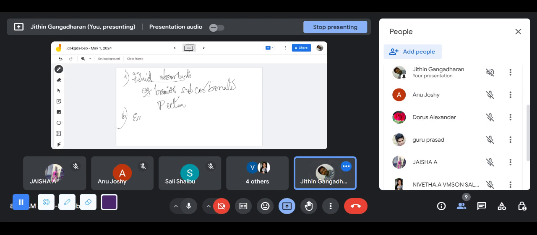Second one, enteric bacterial replacement. Have you heard? If there is diarrhea, there is normal flora, right? There are normal bacteria inside your intestine. When diarrhea happens, the normal bacteria will be washed off.